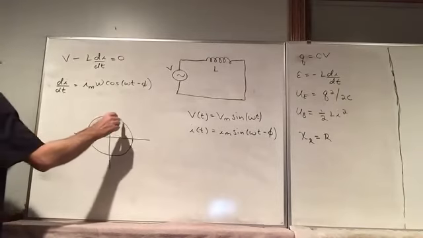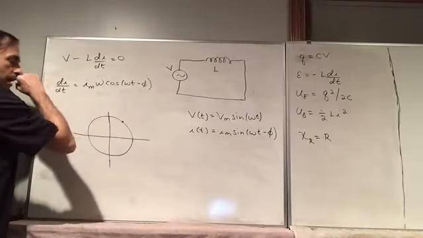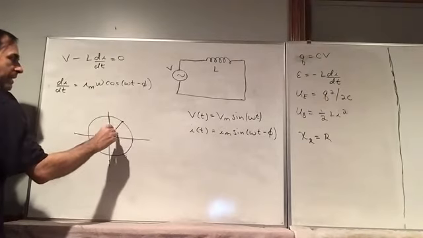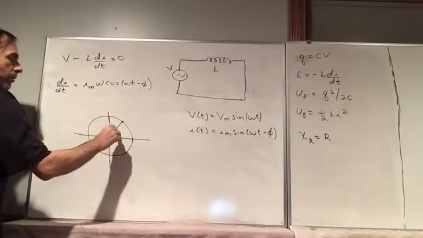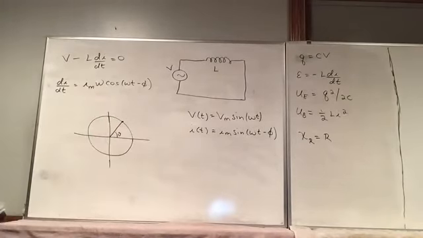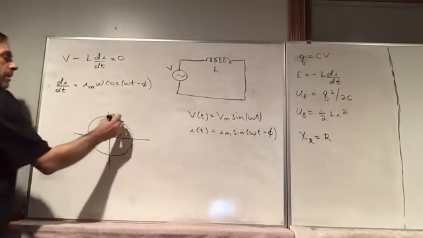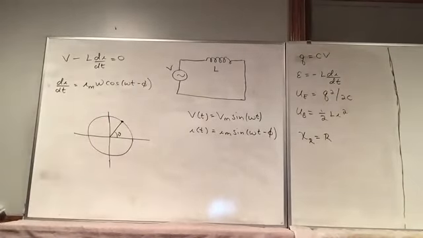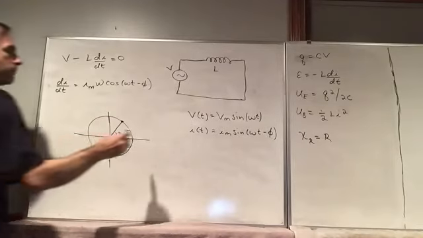So if we look at a point, let's say this is an angle theta. The cosine is the x coordinate and sine is the y coordinate. You know what?